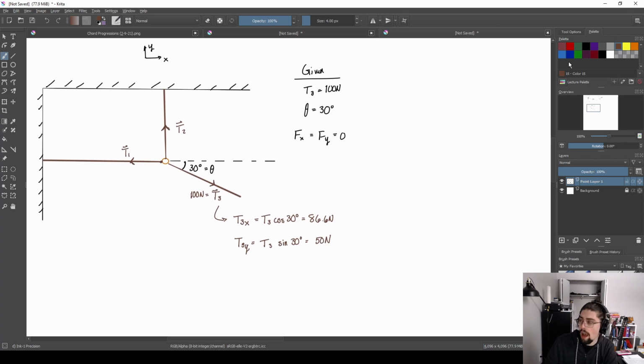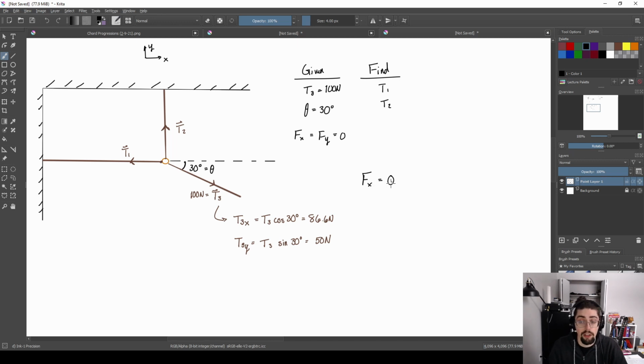With those two out of the way, let me finish my variables here. I'm asked to find T1 and T2. So what I can do now is look at this and start with the x direction. All of the forces in the x direction should sum up to be equal to 0.